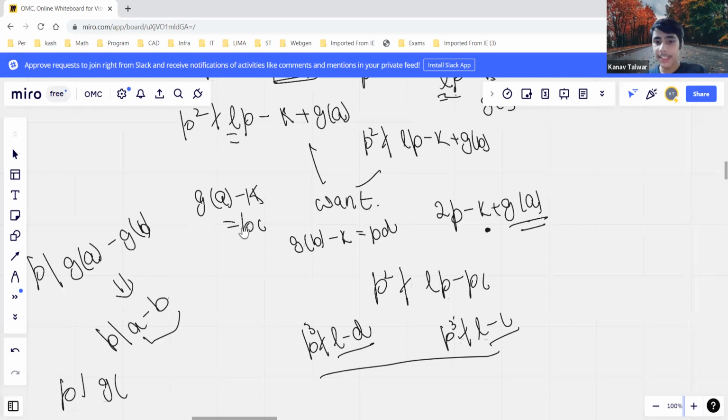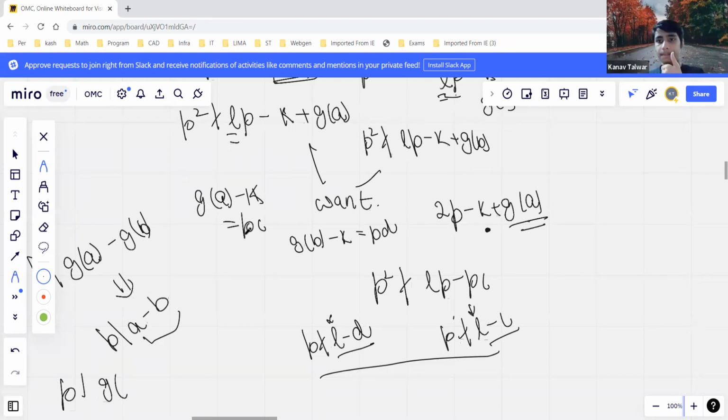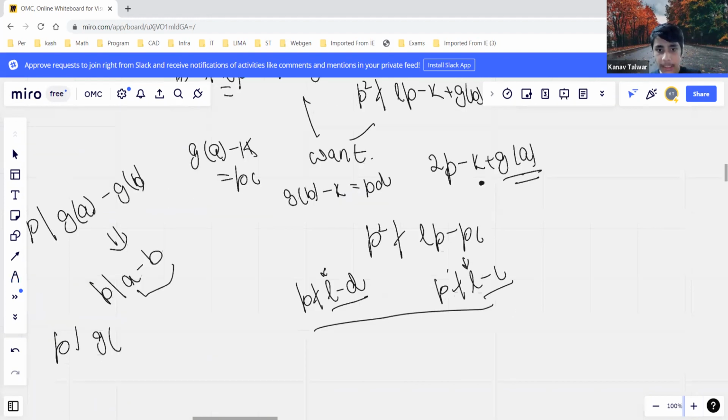After that, we want that P square to not divide L P minus P C. This is equivalent to P to not divide L minus C. And similarly for the other, this is equivalent to P to not divide L minus D. So we can clearly choose a good L.